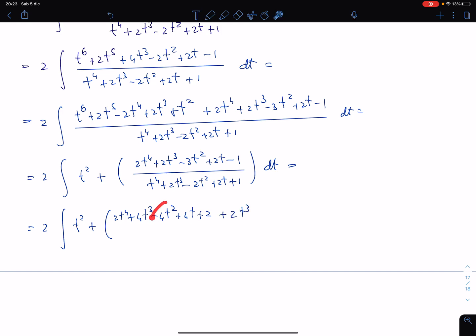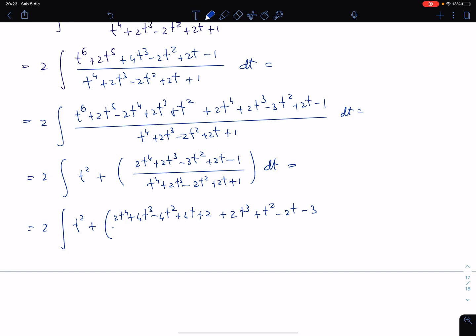Here we have minus 4t squared, here is minus 3, so plus t squared. So here we have 4t, here plus 2, so minus 2t. And here we have plus 2, here minus 1, so minus 3.